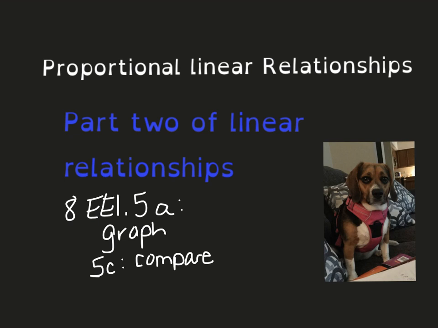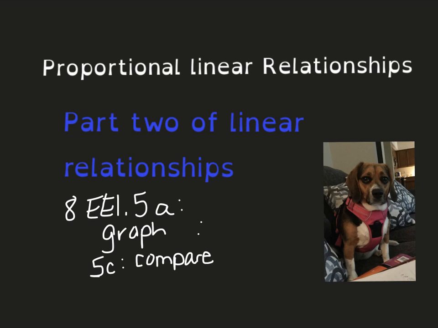So there are two specific standards that deal with proportional relationships. You have to be able to graph them, and you have to be able to compare two different proportional relationships given multiple representations.